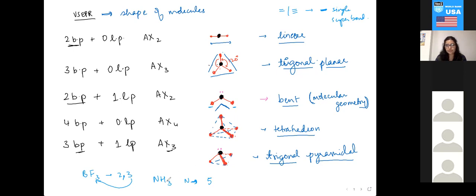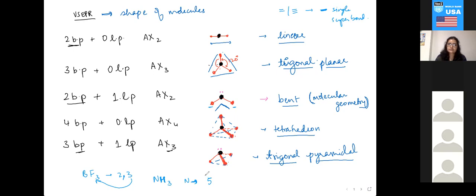3. And what is the valency of hydrogen? How many bonds is it capable of forming?